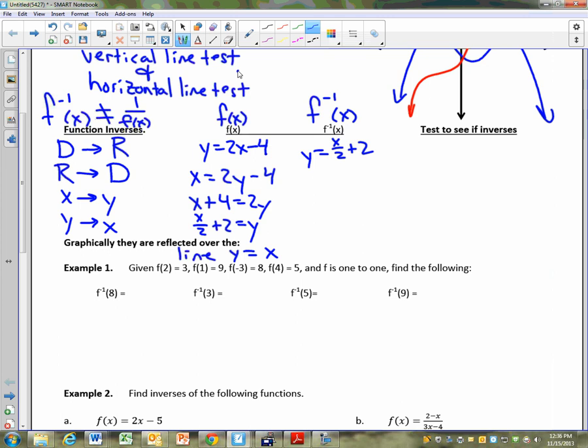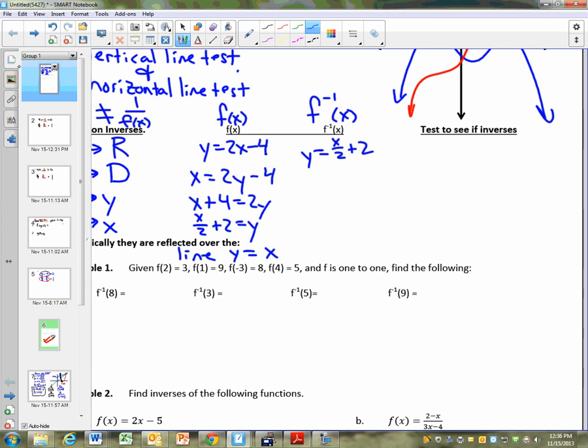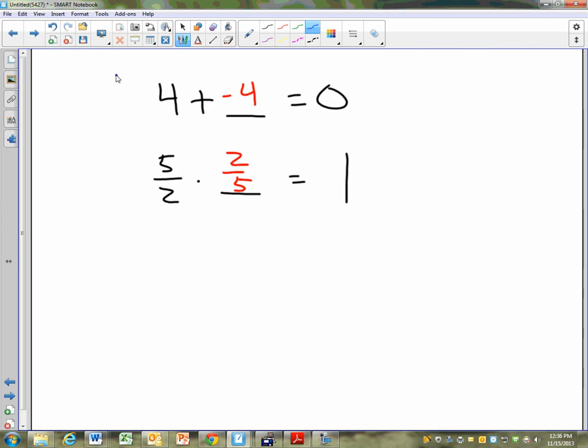We also have a test to see if they're inverses. Bring it back to here, and then they'll all be complete. If I add any two inverses together, I always get 0. If I multiply any two inverses together, I always get 1.